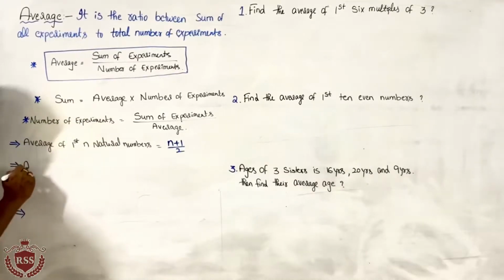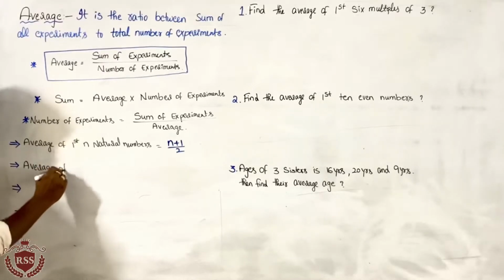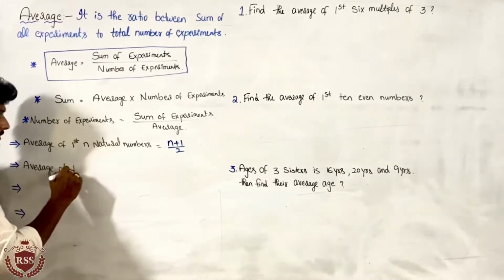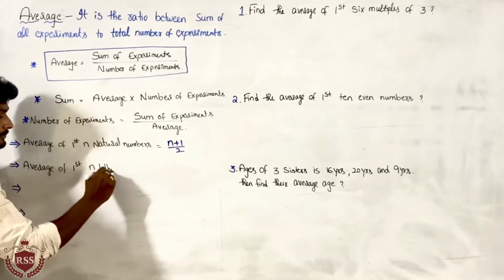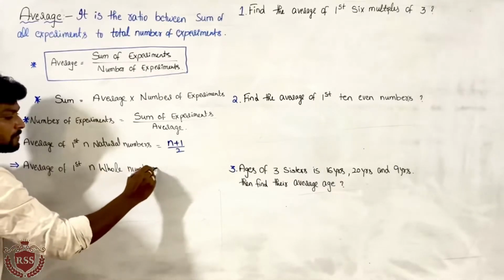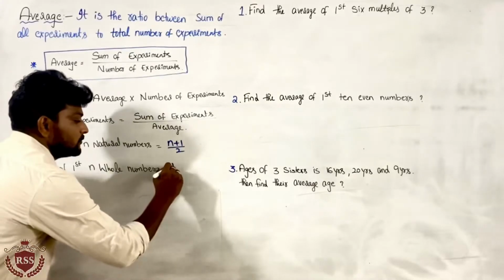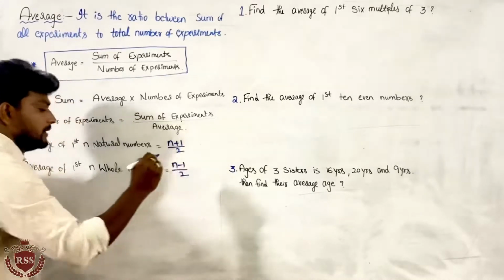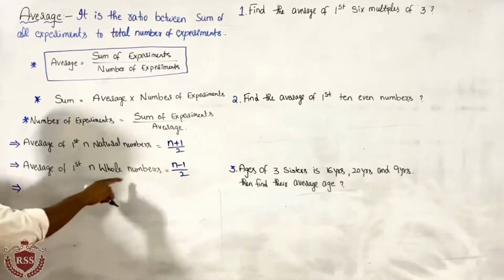Average of first n whole numbers will be n minus 1 by 2. This is the formula for the average of first n whole numbers.